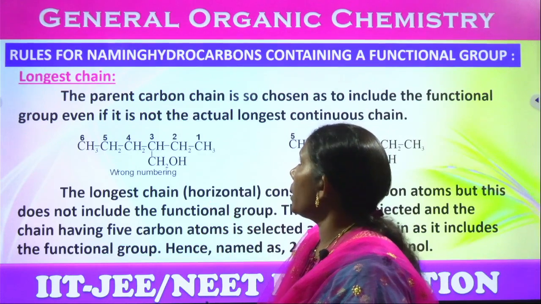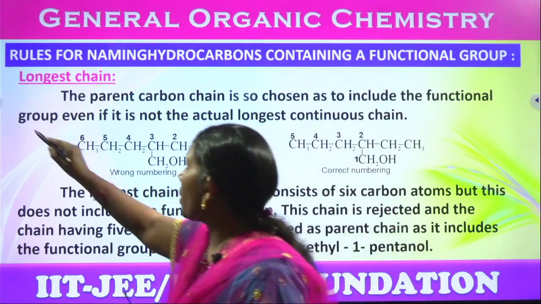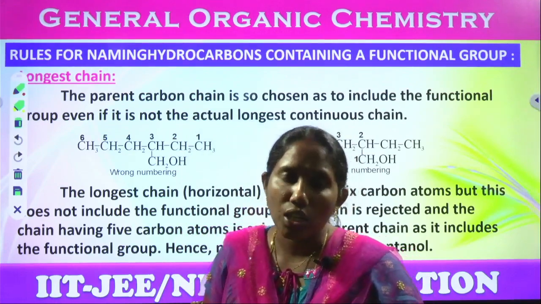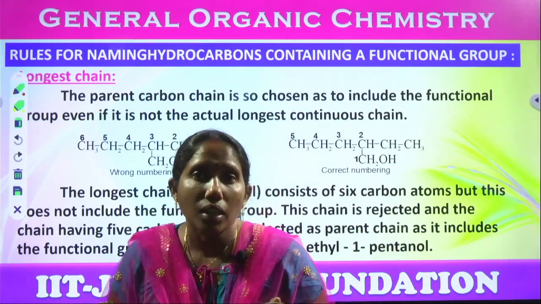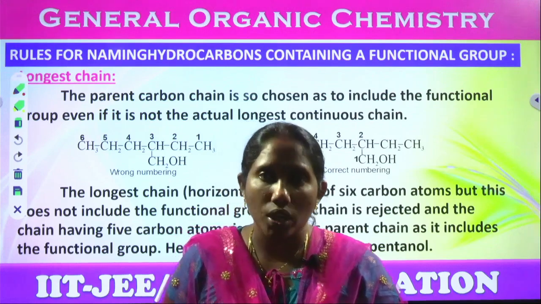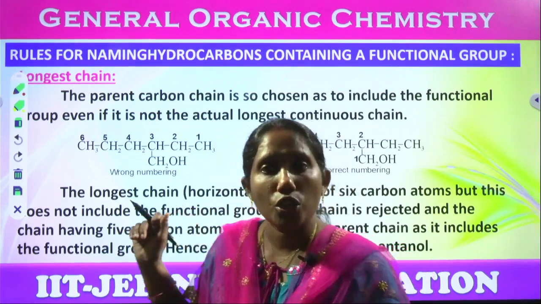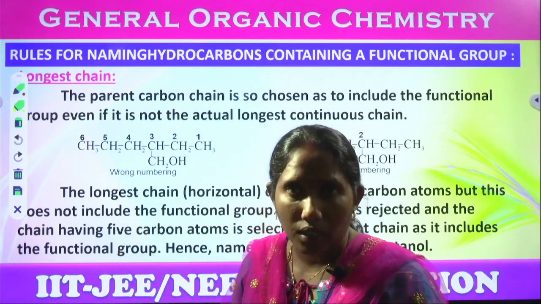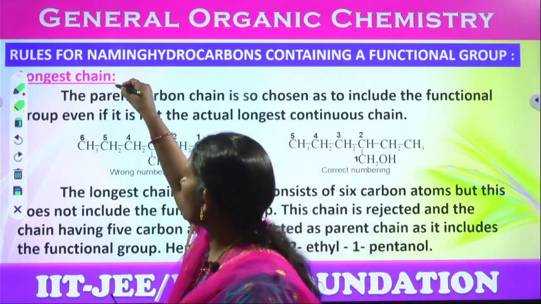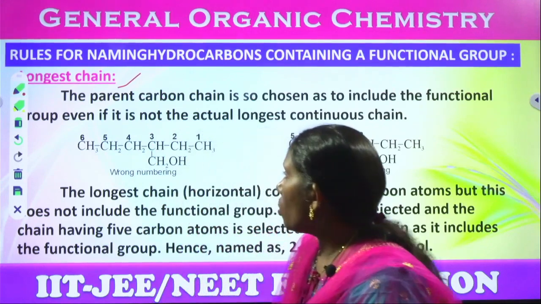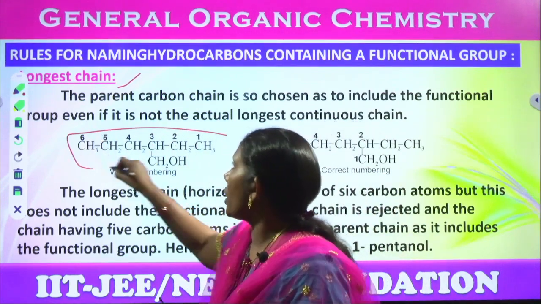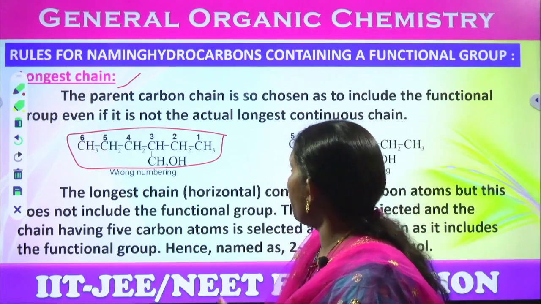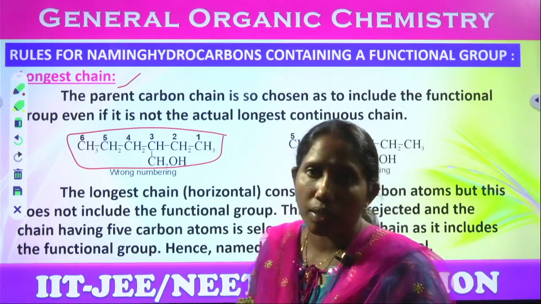Rules for naming hydrocarbons containing a functional group. In the previous session, while naming with or without a functional group, we had to choose the longest chain, meaning the carbon chain with the most carbons. Here also we choose the longest chain, but the parent carbon chain is chosen to include the functional group, even if it is not the actual longest one.